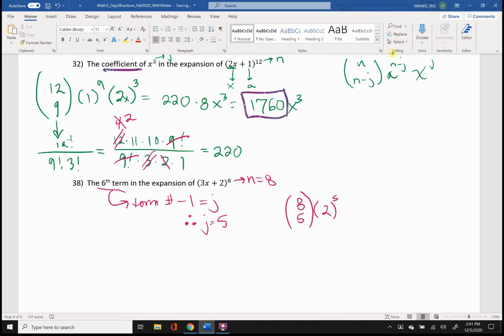And then the x component will be to the third power, the remaining x.